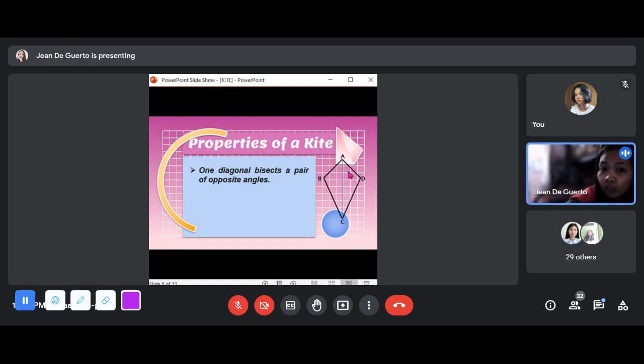So given those measurements, what is the measurement of angle C? If this is 80, this is also 80, and this is 120, what is the measure of angle C?